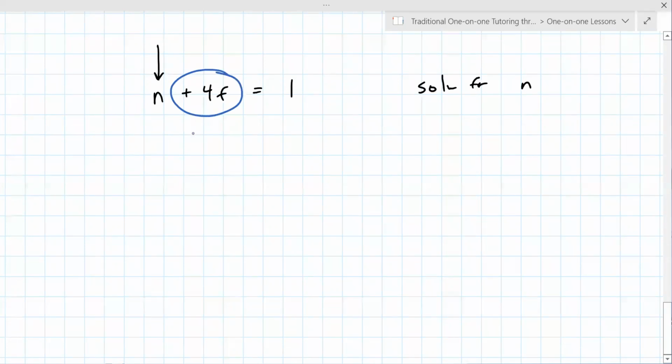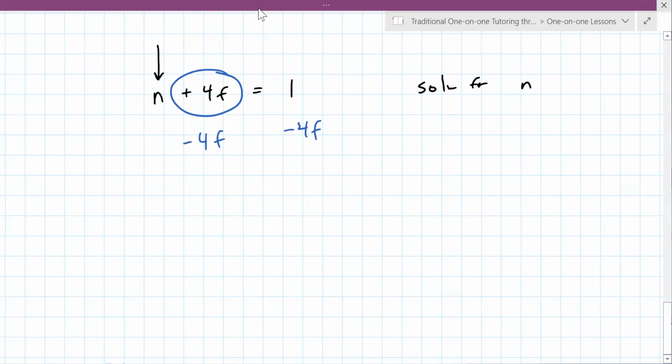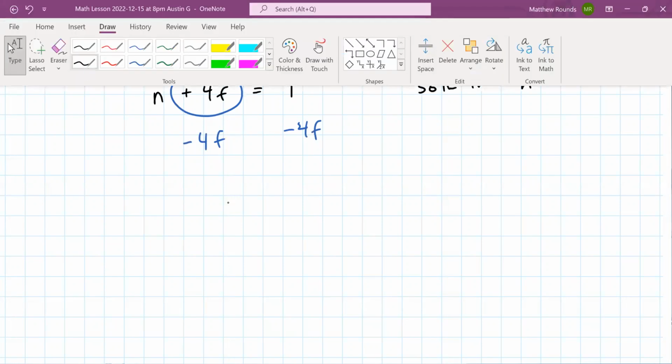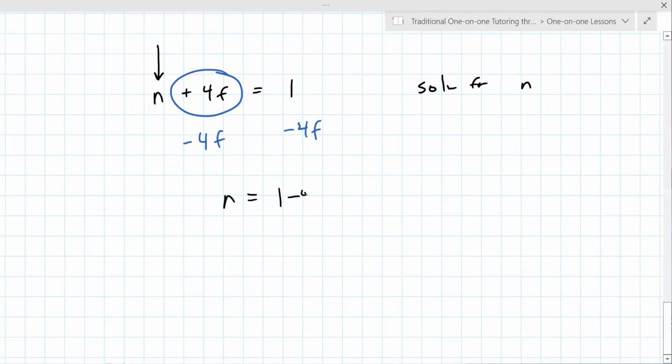You're subtracting it from both sides of the equation. So this becomes n equals 1 minus 4f. You can't combine the 1 and negative 4f because they're not the same. They're mismatched. This is your answer.